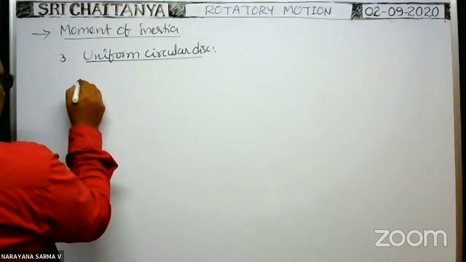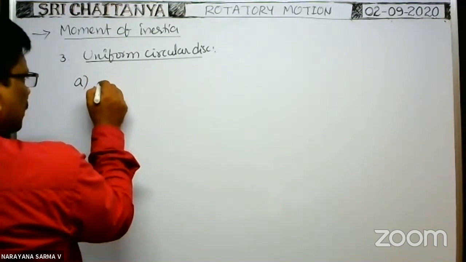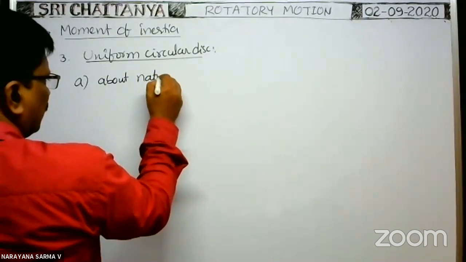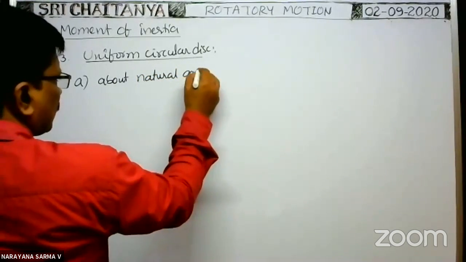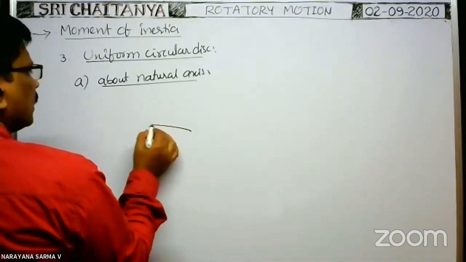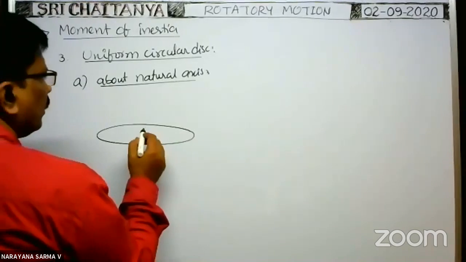In case of uniform circular disc, first, about which axis is the moment of inertia to be determined? About the natural axis. Suppose this is the circular disc, and the sidewise view of the disc is like this.